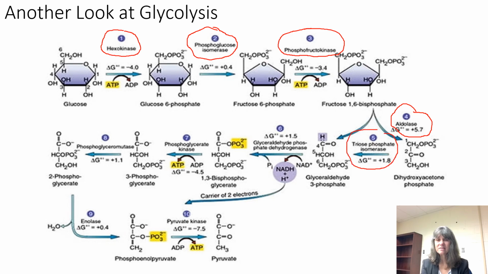So we've got all these different enzymes that are required just for glycolysis, okay? I simplified it in the previous slide, and I did not want to lose sight of the fact that without these enzymes, this reaction would not be occurring, okay?